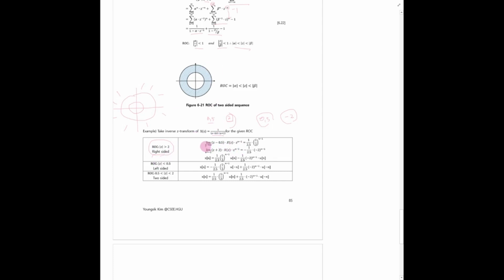The residue can be found as z approaches 0.5, and we multiply this residue value here and take the inverse Z transform, which is z to the n-1. We can refer to the inverse Z transform definition over here, that we need to take a complex integration of these terms.